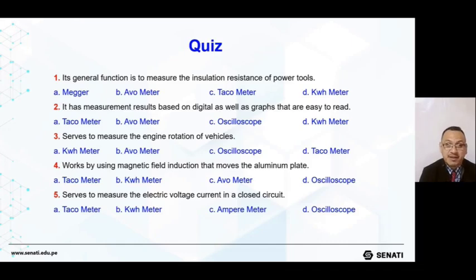Number 3. It serves to measure the engine rotation of vehicles. Options: kilowatt meter, avometer, oscilloscope, or tachometer.